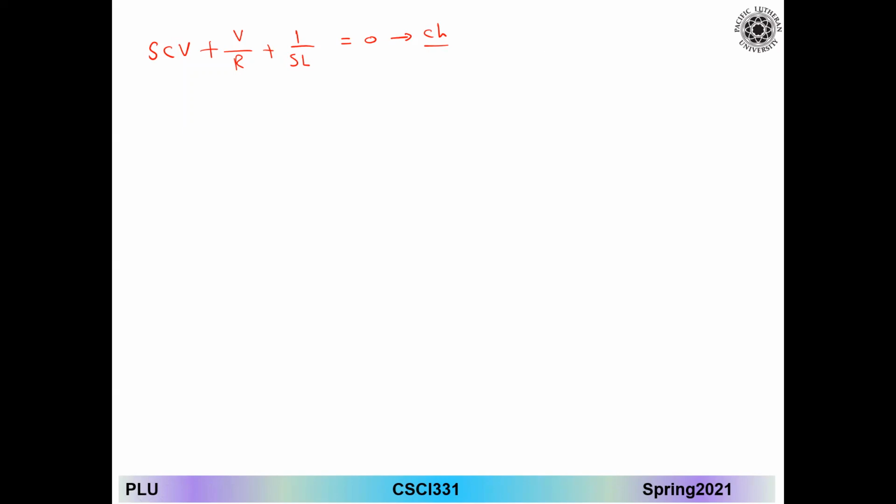We just need to do it the right way. So I have S here, and I have to multiply it.